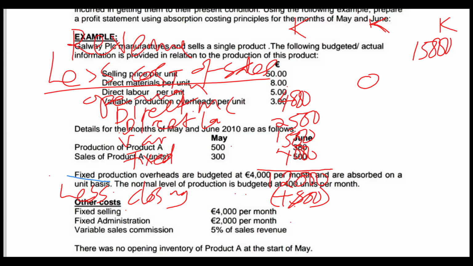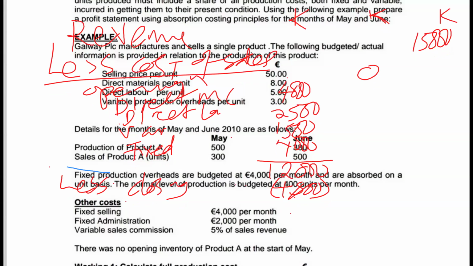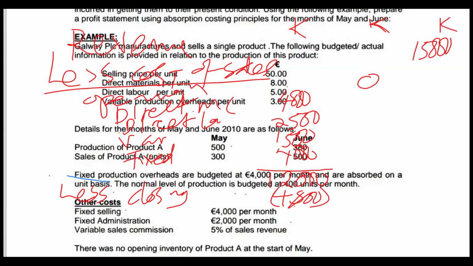Hold on a minute, we want to check. I want to confirm which fixed production overhead we put here. There is the absorbed fixed production overhead, and this one that we have budgeted, when we are doing absorption and over-absorption.